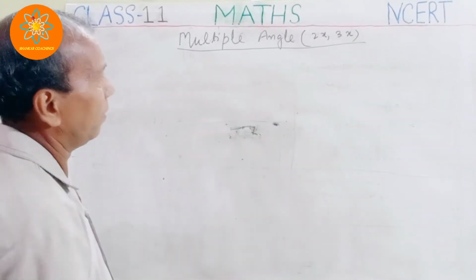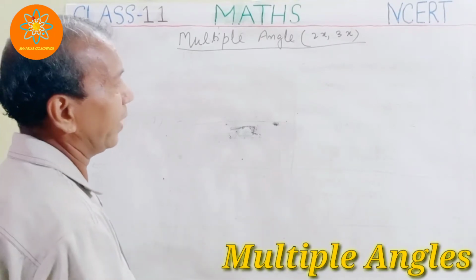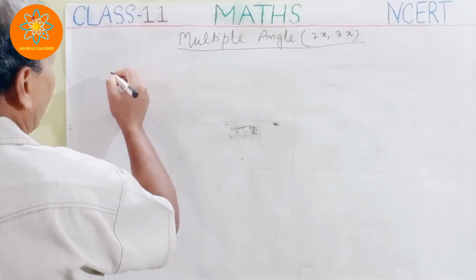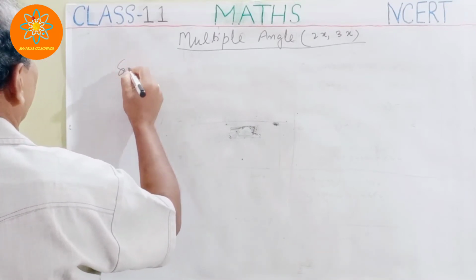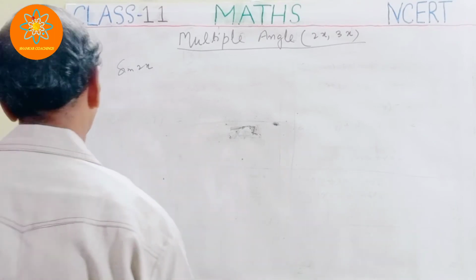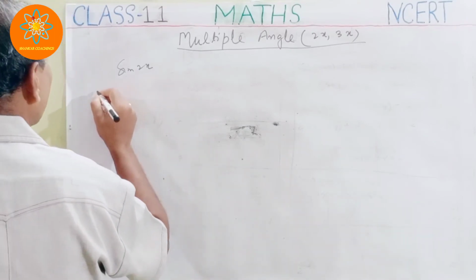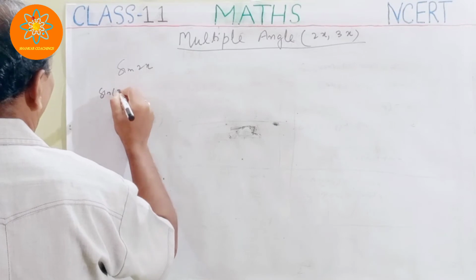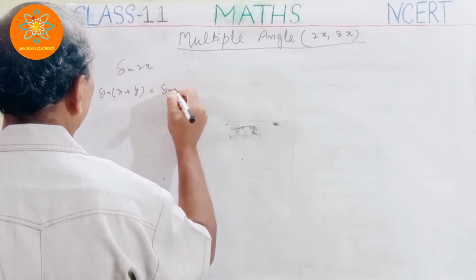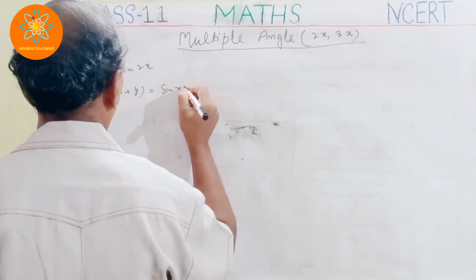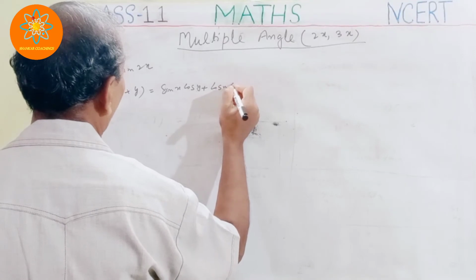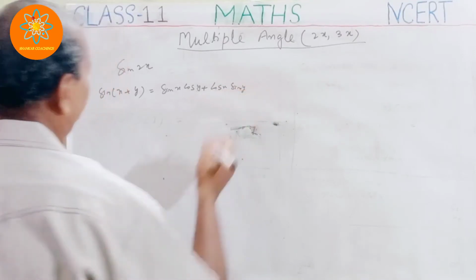Now we will see the multiple angles like 2x and 3x. Let's suppose I want to find the value of sine 2x. For finding sine 2x, I know that sine (x plus y) is equal to sine x cos y plus cos x sine y.